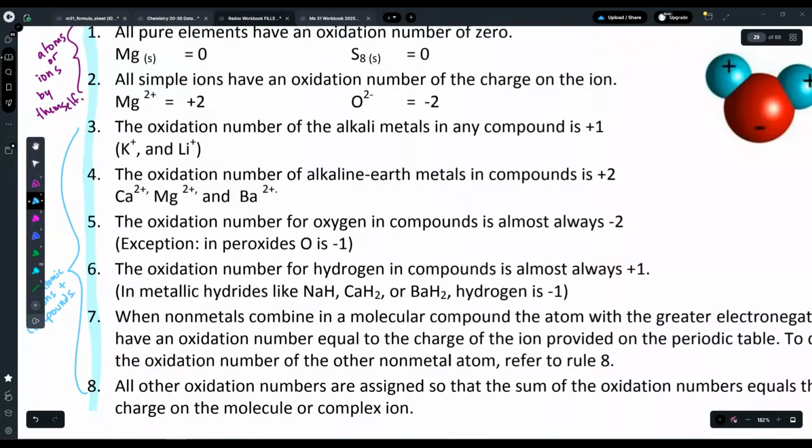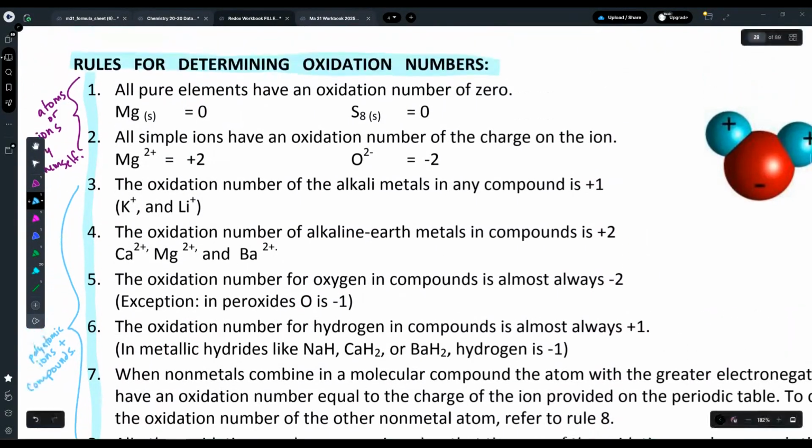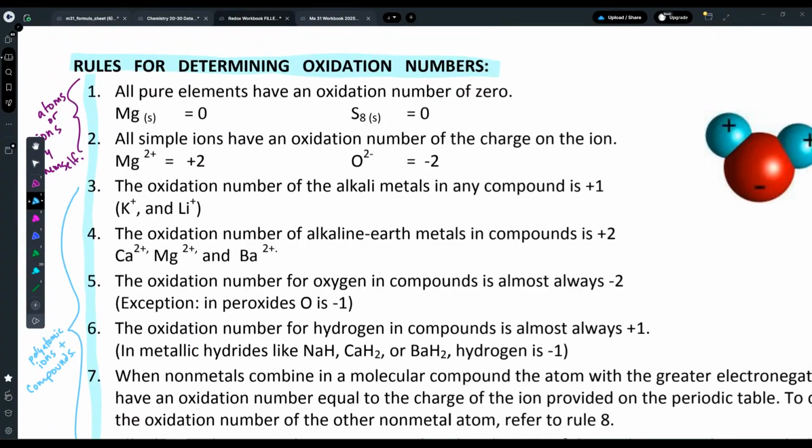Rule number 3, the oxidation number of the alkali metals in any compound is +1.